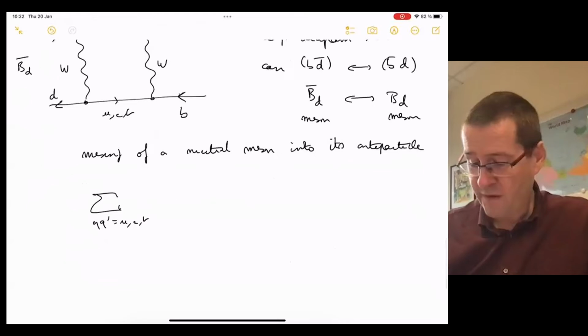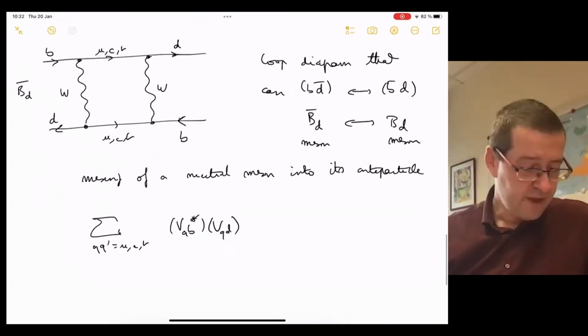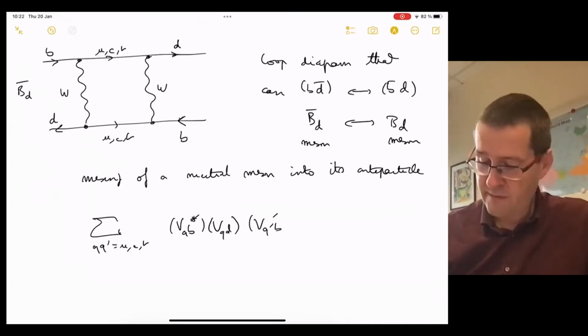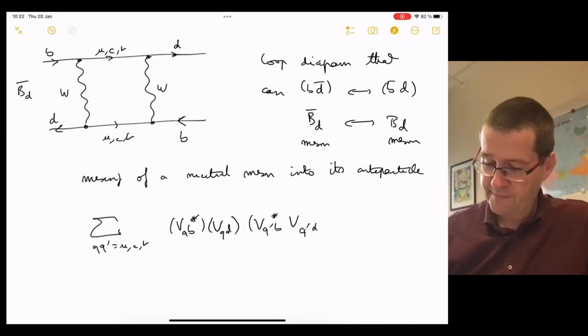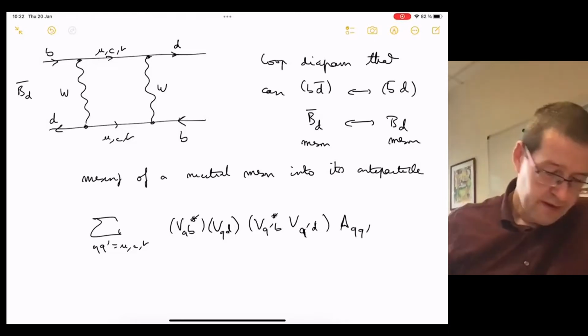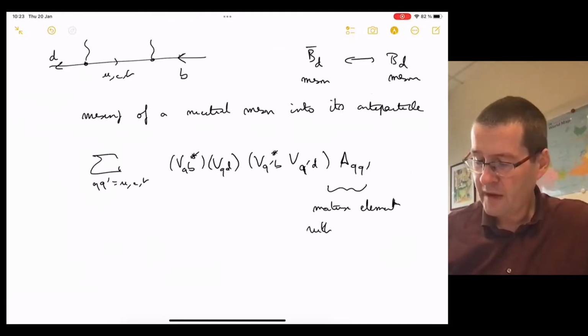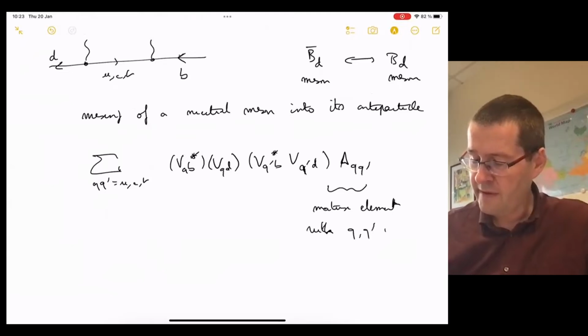Then you have a structure that will be, for instance, V_QB star V_QD, and then V_Q prime B star V_Q prime D, which is the matrix element with Q and Q prime as in the box.